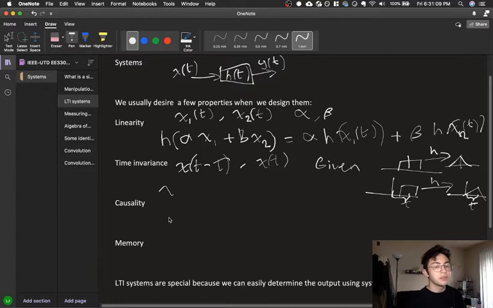It's just a property that you need to prove: you have x, you shift it over, and you need to prove that H of that shifted x is going to be shifted out. Yeah, send me that. Try and get me that problem, and I'll try and get to it towards the end of the session.